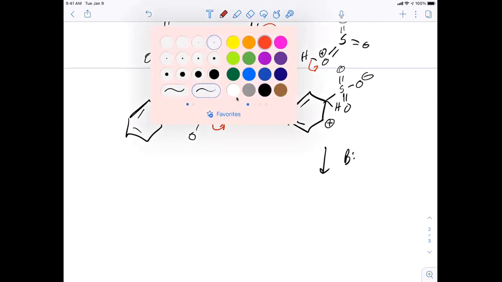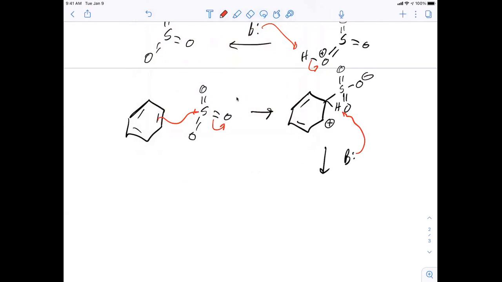And again, because this proton wants to leave to reform the aromaticity, anything that can accept that proton will act as the base here. So that's why you'll see that I don't usually specify one. Anything will really pull off that proton. That reforms my aromaticity.